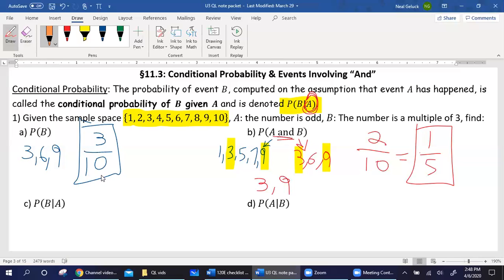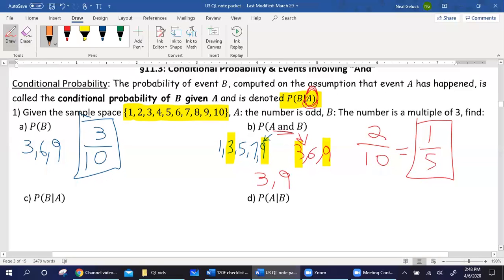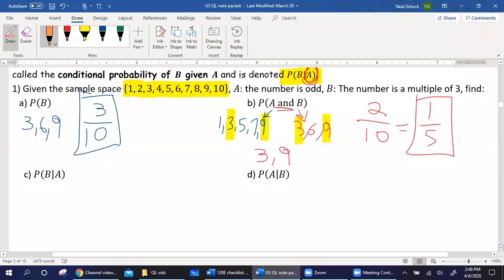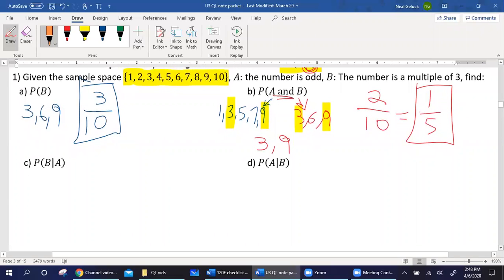So on letter C, here's how you want to look at this. Look at the second letter. This is going to reduce my sample space down. So A, the number is odd. That reduces my sample space to just the odd numbers.